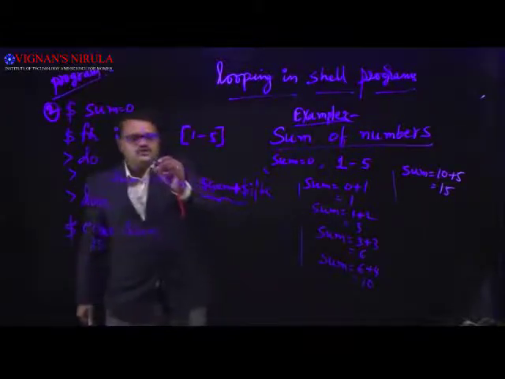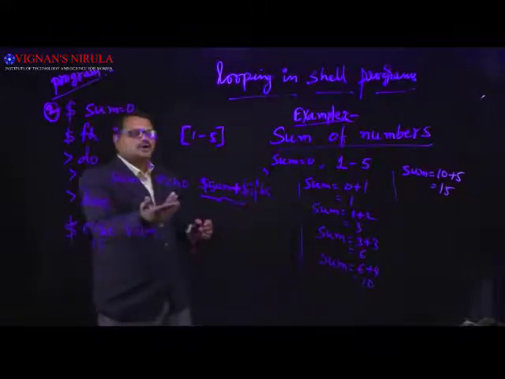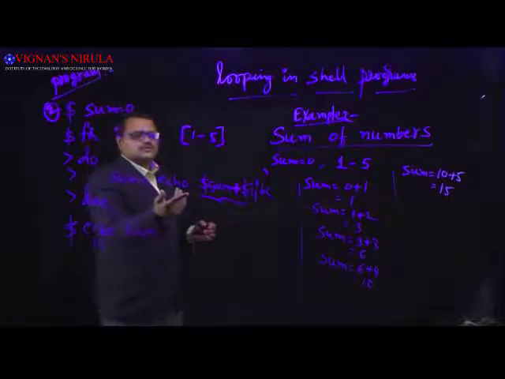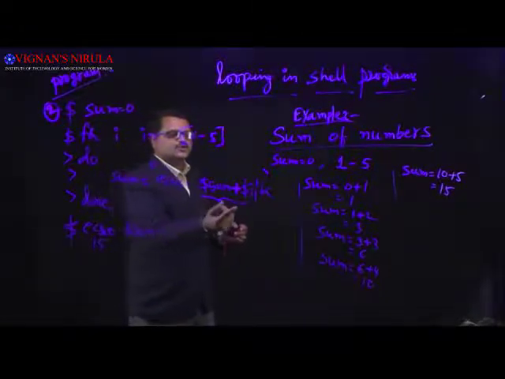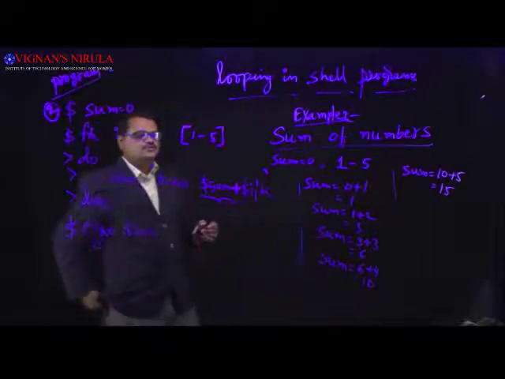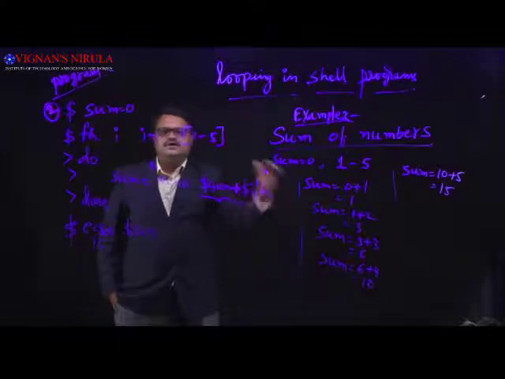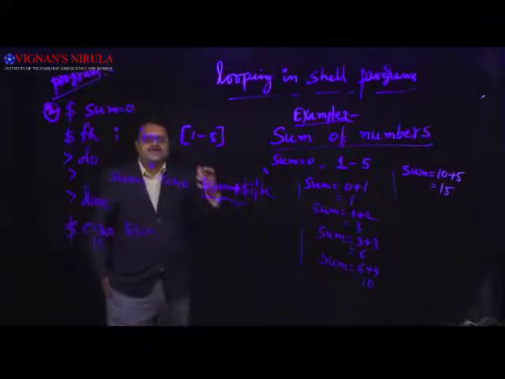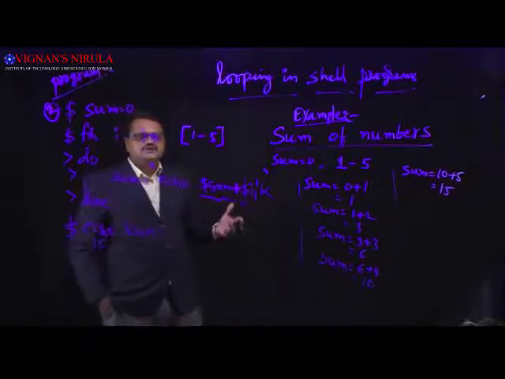We need to enclose it in backticks, because in the syntax of for, between do and done the command should be given by us. So the command here is echo and bc: echo dollar sum plus dollar I pipe bc. That means we give this sum plus dollar I to bc, and it will perform the actual addition. We are just giving the data to the bc command, and bc will in turn do the actual summation.